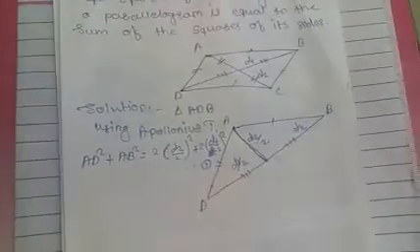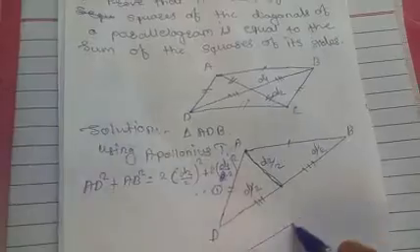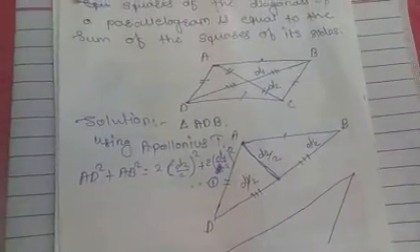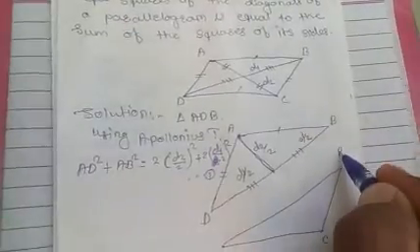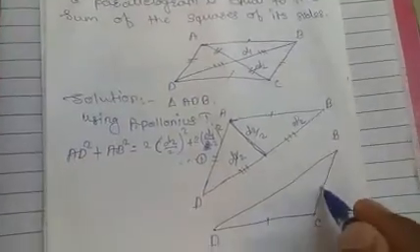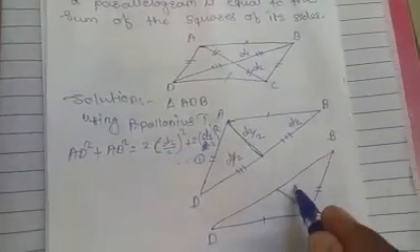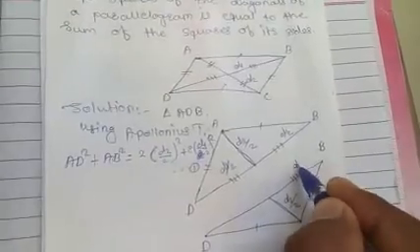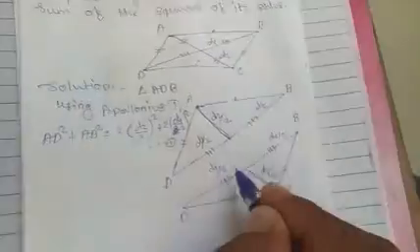Then in the same way, we can construct another triangle DCB like this. So this is D2 diagonal half. These segments are also equal, D1 upon half. Its segment is also equal, D1 upon half.